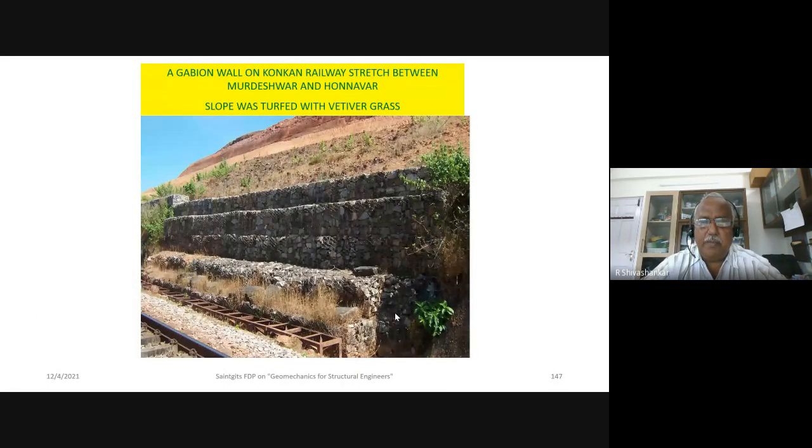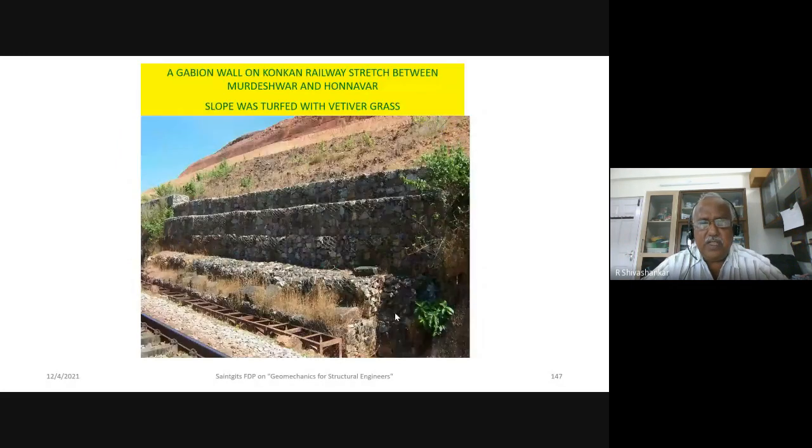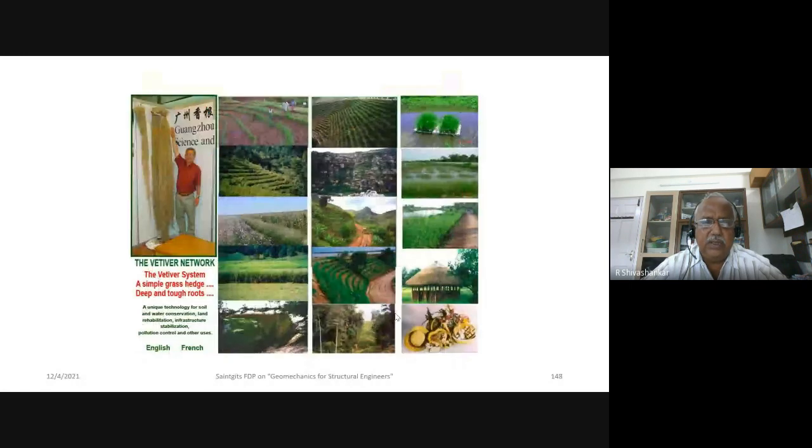Some of the slopes are protected by some sort of retention structures like gabion walls, and many of the slopes are protected by grass, or what we call turfing. And there is a particular type of grass which is called vetiver, which when grown on the slopes will provide a lot of stability.